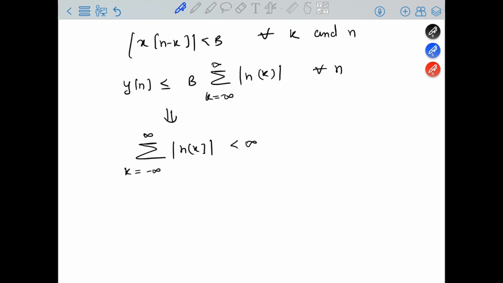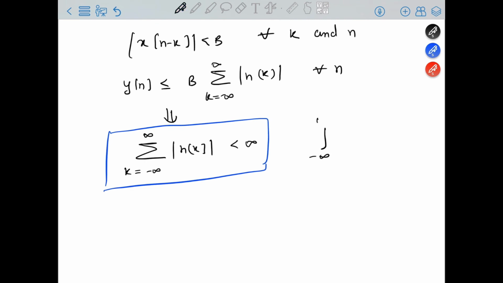So this is the sufficient and necessary condition for the stability of an LTI system. Similarly, for the case of continuous time, the integral from minus infinity to infinity of |h(tau)| d tau should be less than infinity. So this is the property of stability of an LTI system.